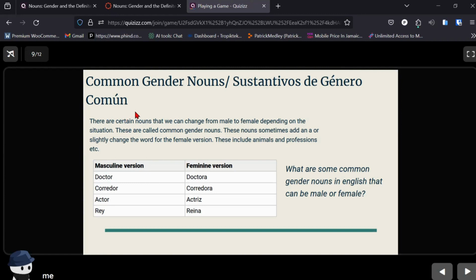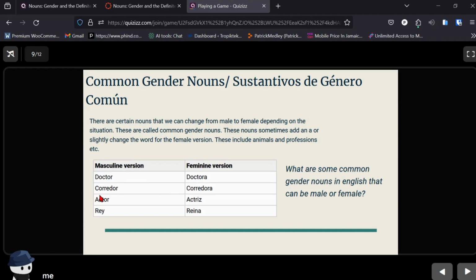This is very important. So remember, I told you a noun has to be either masculine or feminine at all times, right? And the only difference with the common gender nouns is that at one point you might have to adjust it to be either masculine or feminine, depending on what you're talking about. So in this example, we have the masculine version of doctor, which is doctor, then the feminine version, which is doctora, right? So we add a little a and it becomes feminine, right?